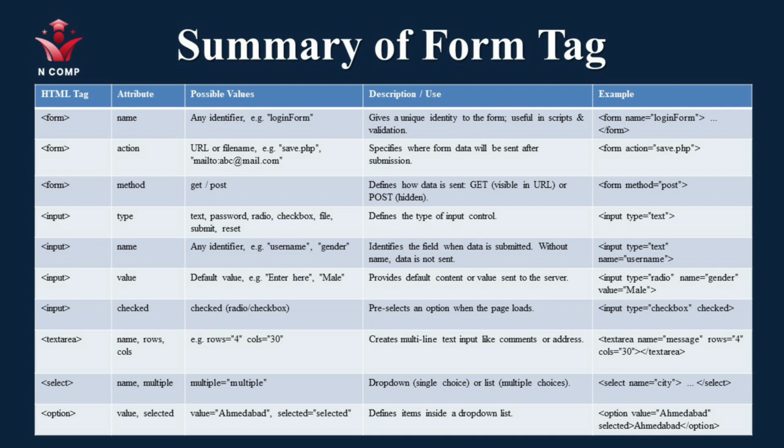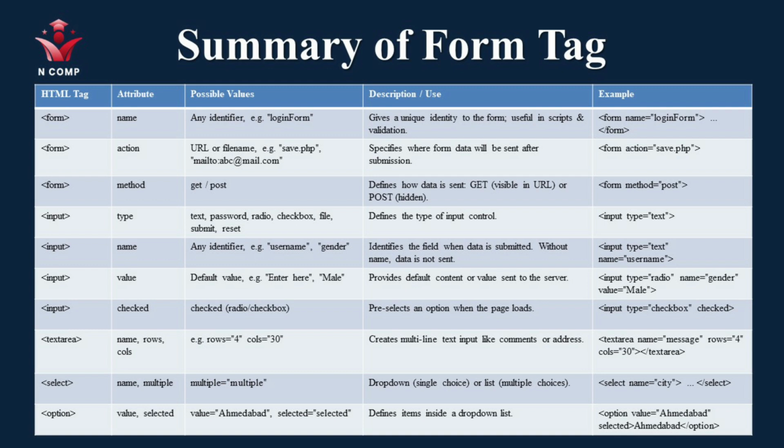The name attribute helps identify the data when the form is submitted. The value gives a default entry or label like enter name or mail. And the checked attribute pre-selects a radio or checkbox option when the page is loaded.